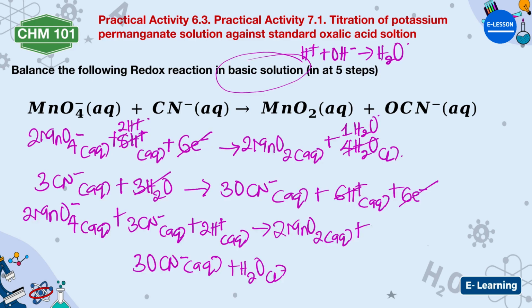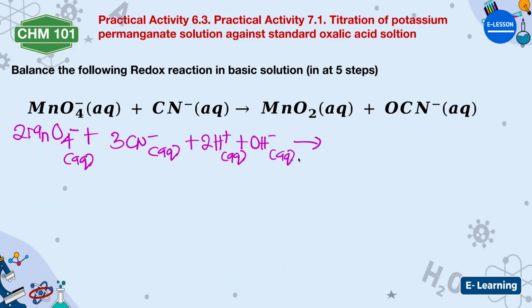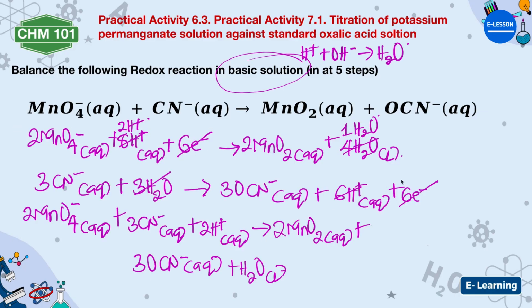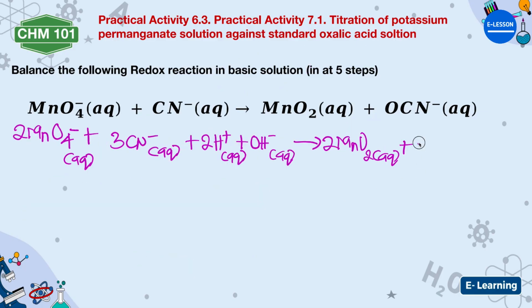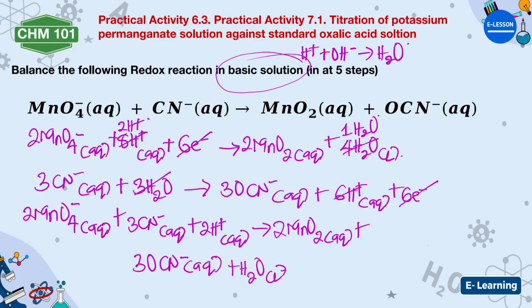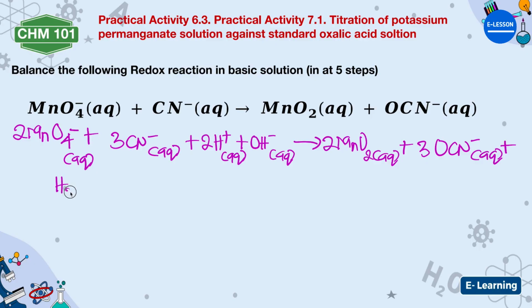So this will give us 2MnO2 aqueous plus 3OCN negative aqueous plus H2O liquid plus 2OH negative aqueous.